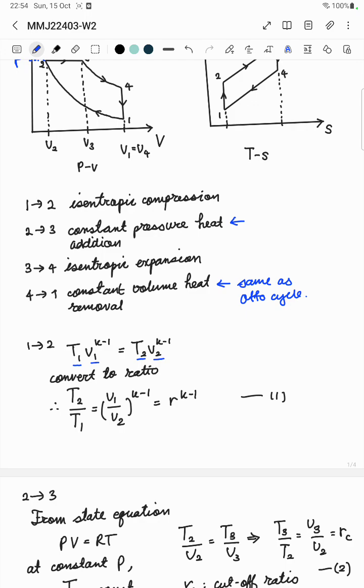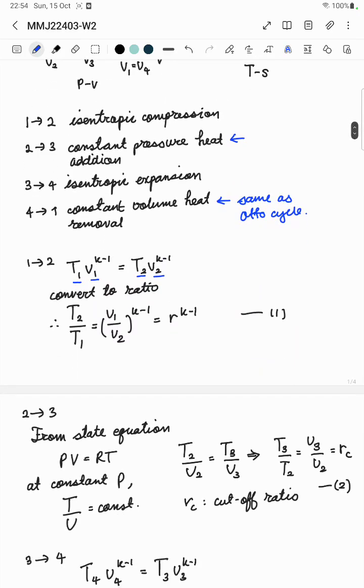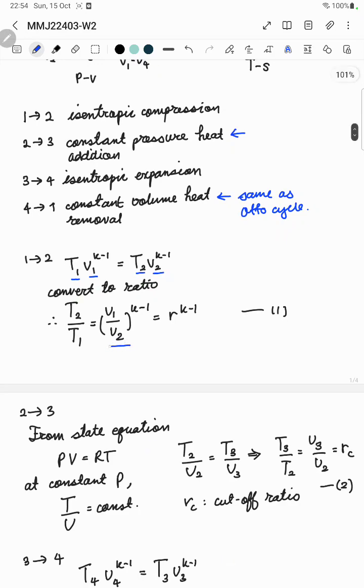Now the idea here is exactly the same as the way we derived the Otto cycle efficiency by using compression ratio. So the logical step here is to find the ratio of the temperature as a function of volume. So instead of having to calculate our efficiencies from temperature, we want to be able to calculate them from the volume.